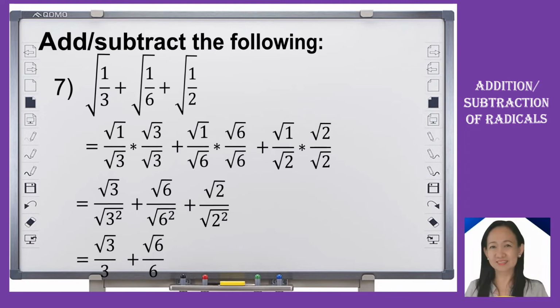Then the denominator, the square root of 2 times the square root of 2, is the square root of 2 squared, and the square root of 2 squared is 2. Now, after simplifying, observe that the radicals are all dissimilar. And since we cannot combine them, we will consider this as our final answer.